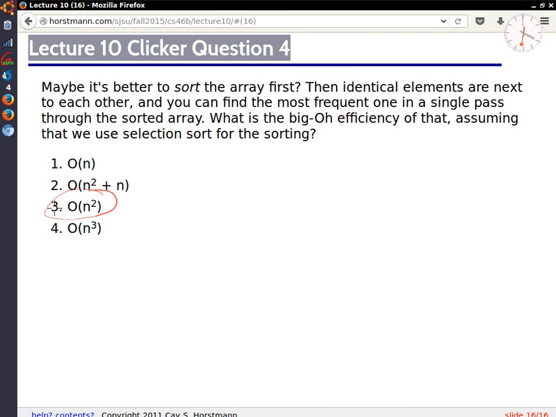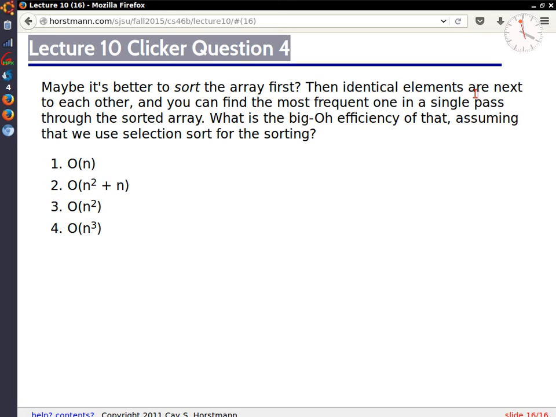And those 80 people are actually right, because O of n squared plus n means O of n squared grows like this, O of n grows like this, and n squared plus n is essentially the same as n squared. It grows a little bit faster, but it's within the same order of growth.